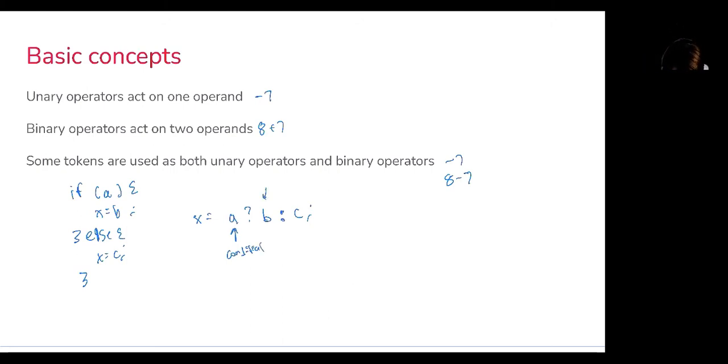If that conditional evaluates to true, that is going to be the result of the expression, B. And what comes after the colon is going to be if false. So in this case, if A evaluates to true, X will be assigned the value stored in B. Otherwise, X will receive the value stored in C.